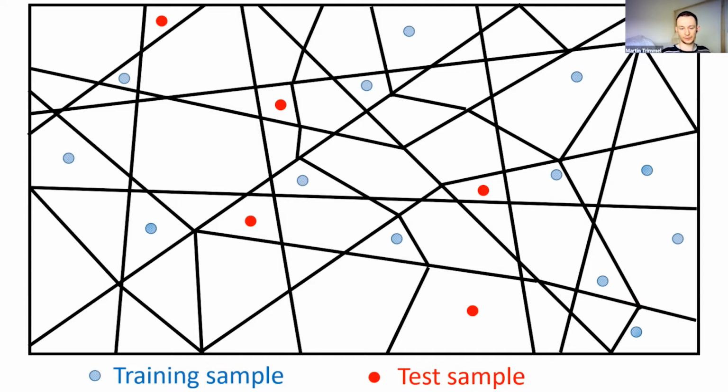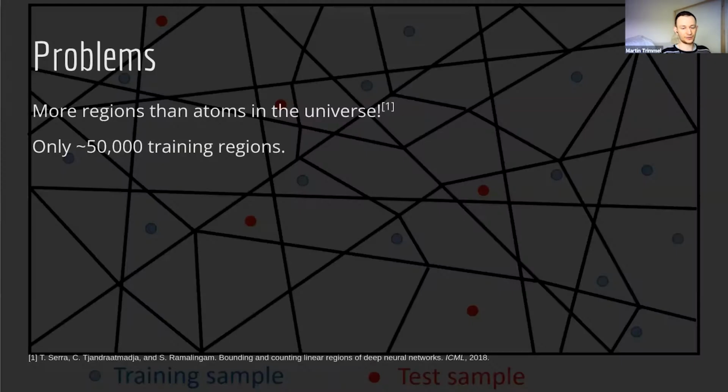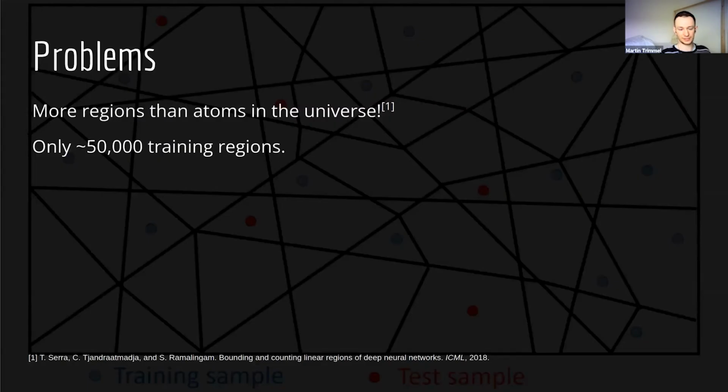However, there are some problems with this approach. Even for very small networks, the number of linear regions exceeds the number of atoms in the universe. On the other hand, only a tiny fraction of the regions contain training data. So this raises the question, how does the network use the information from training regions to generalize to unseen data?